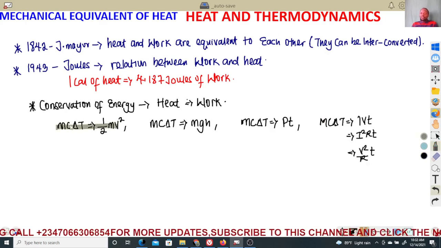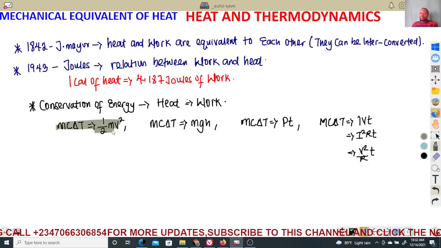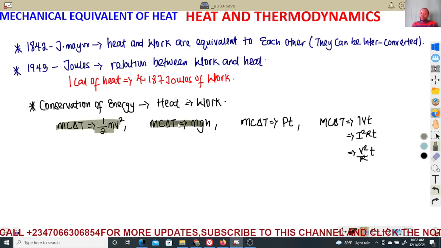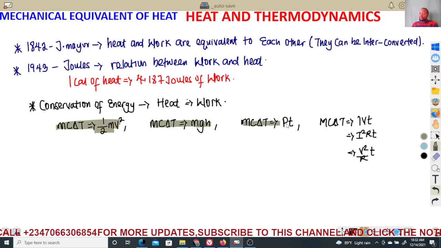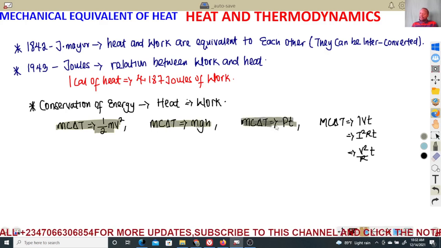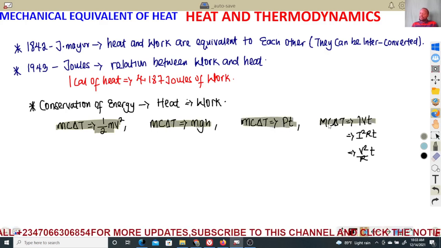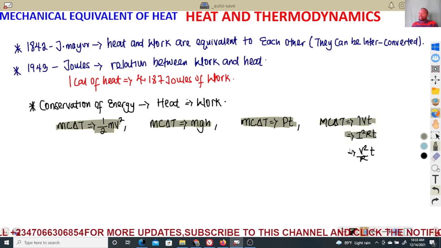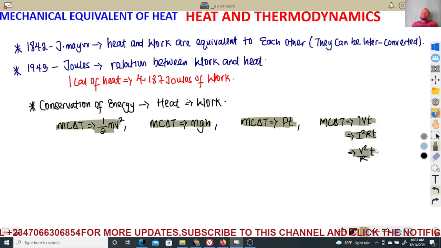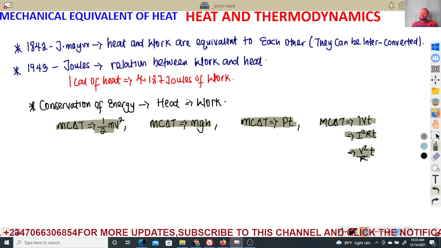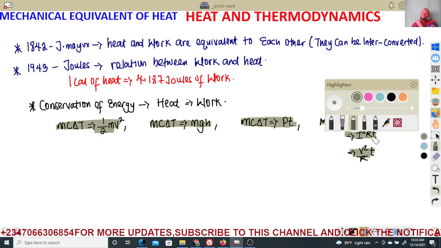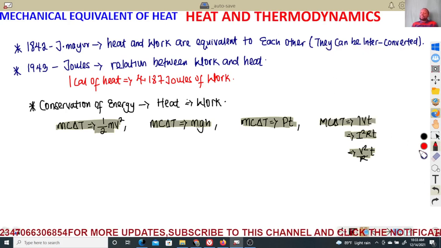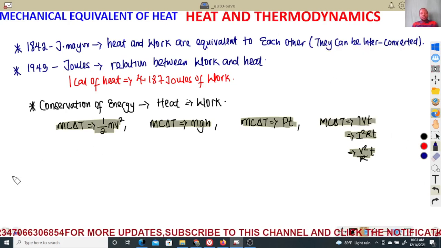So the conversion of this particular stuff was first introduced by J. Mayer, and later Joule took after it and was able to give us an exact value from experiment. And this is what we use in conversion. The knowledge of this was now used experimentally to determine the specific heat capacity of a substance.